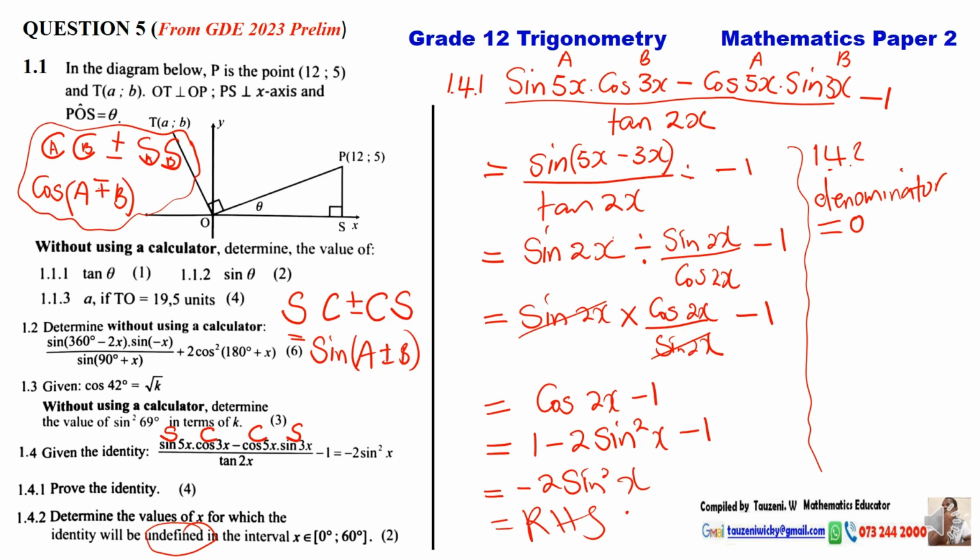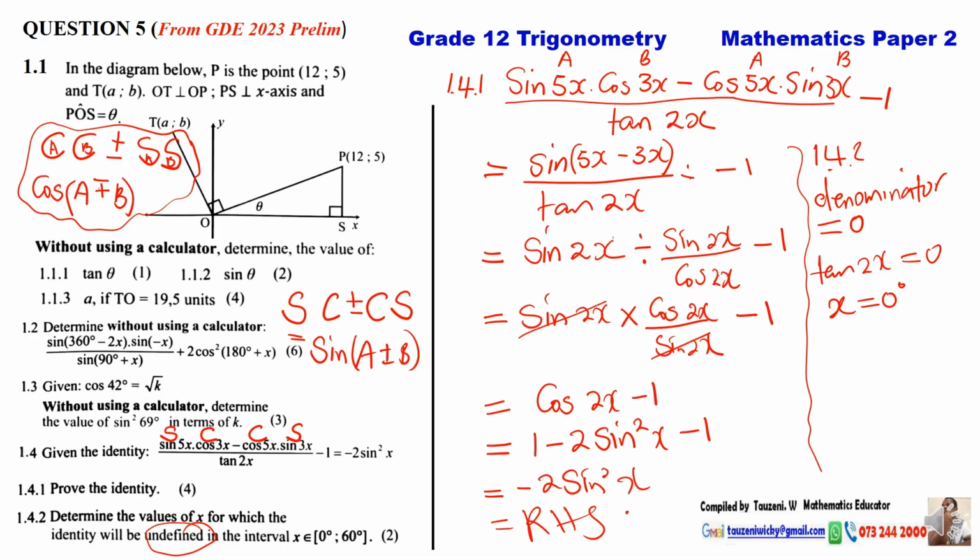So in our case, we can equate the tan of 2x to 0, and that will give us x is equal to 0 degrees. Then we have found the values of x for which the identity is undefined.